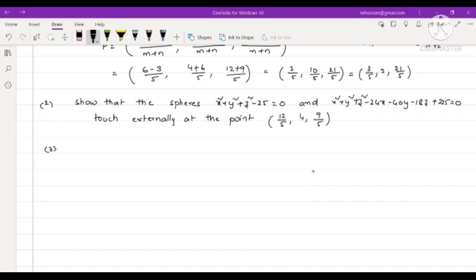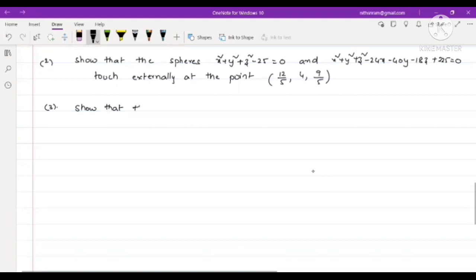So coming to the problem, show that the spheres x square plus y square plus z square is equal to 64 and x square plus y square plus z square minus 12x plus 4y minus 6z plus 48 is equal to 0.